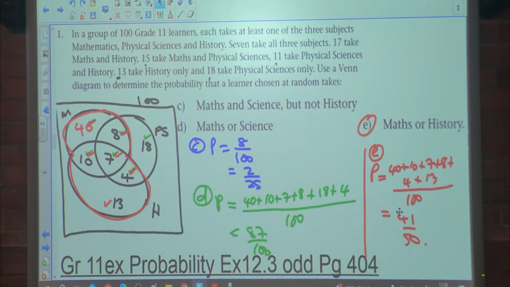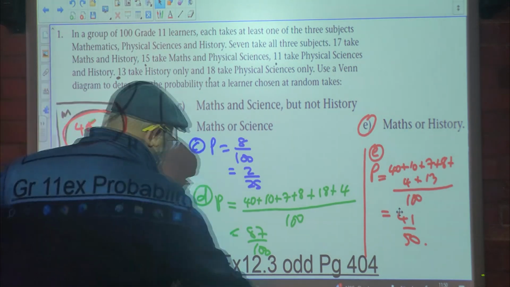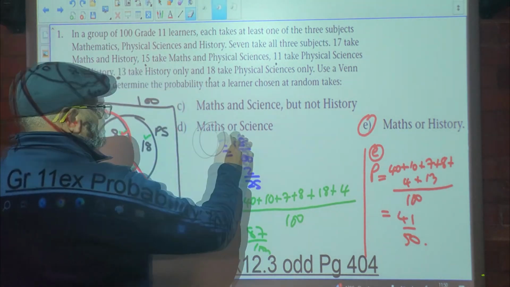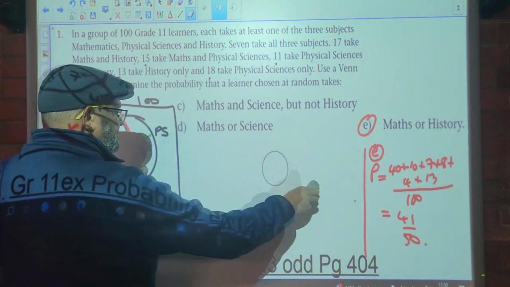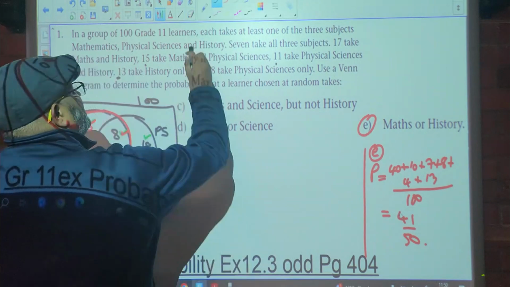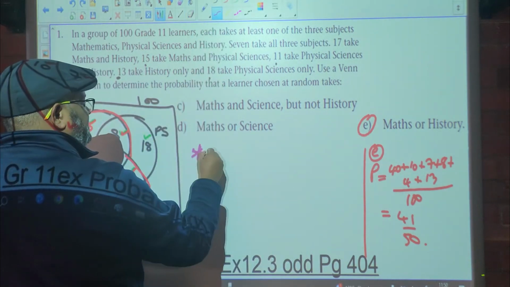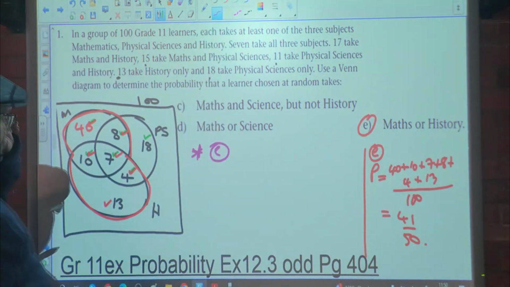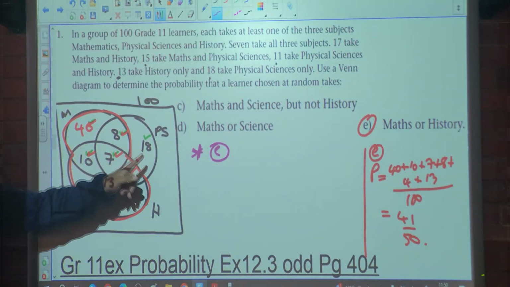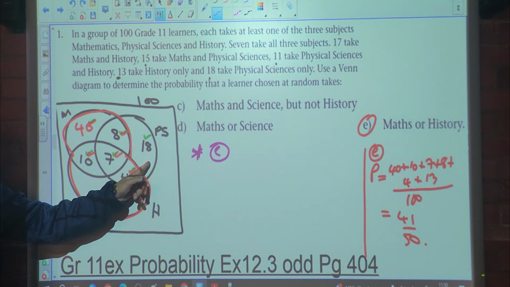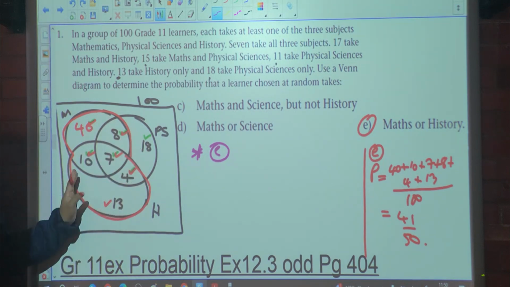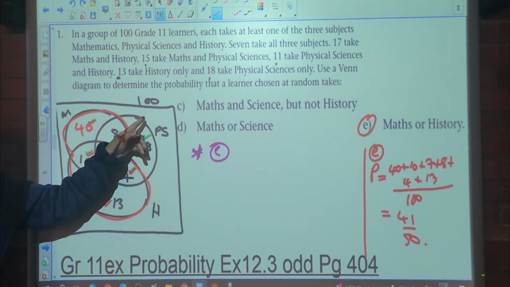You all understand it? Otherwise, you could have used the complementary rule there as well, which I've explained in the previous lesson. The full lesson can be found in the description box below. And you apply the complementary rule on E. You see, the only thing that is left out is 18. But we know that 18 plus everything else adds up to 100.